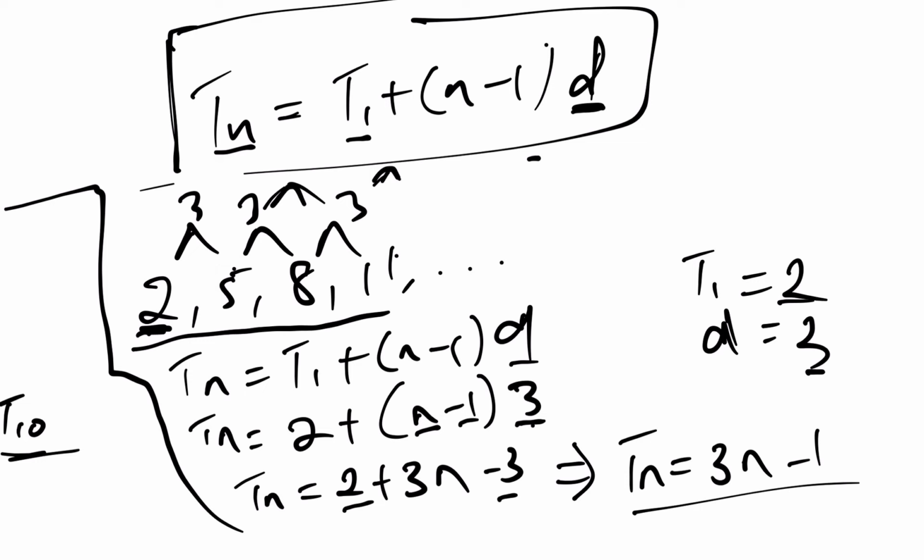But right now we have this generic formula, so it will be easy. If I ask you for term number 15, you just have to plug 15 here. Where there's n, you put 15. Then you just simplify, then you get your answer.